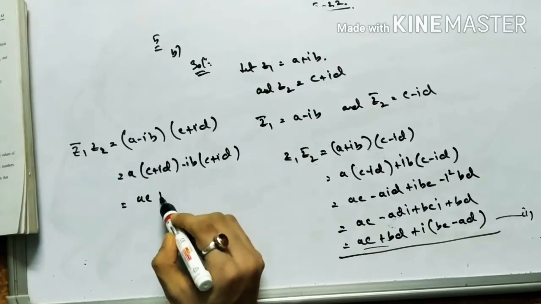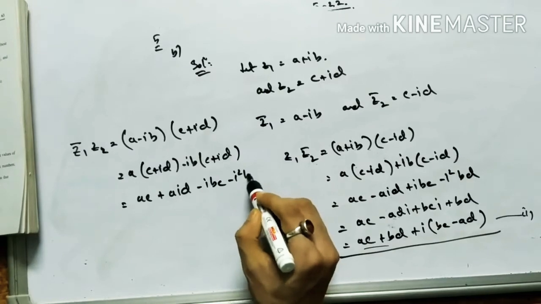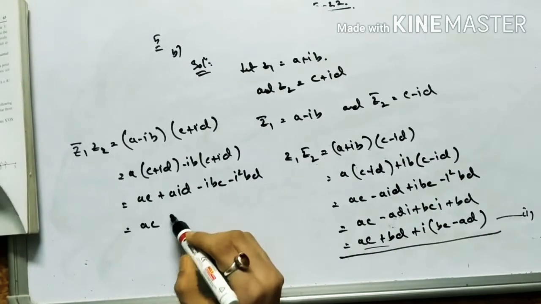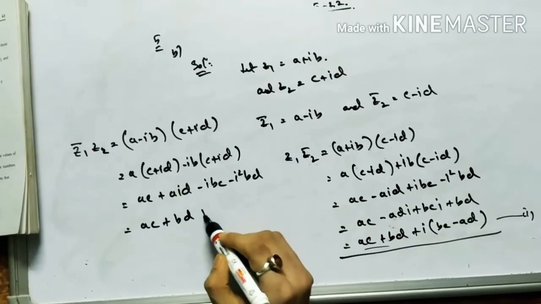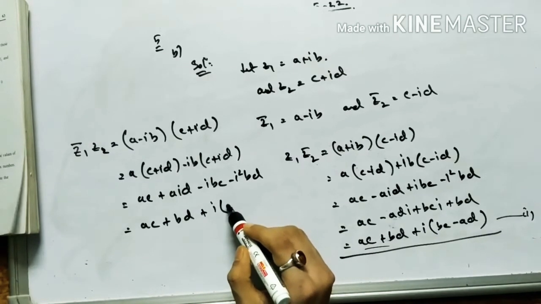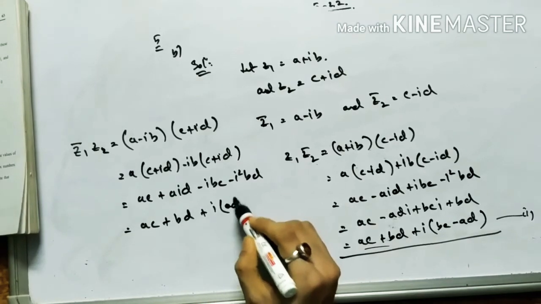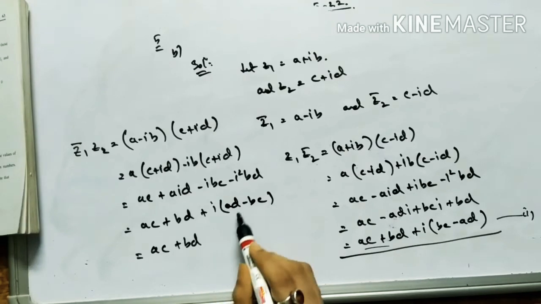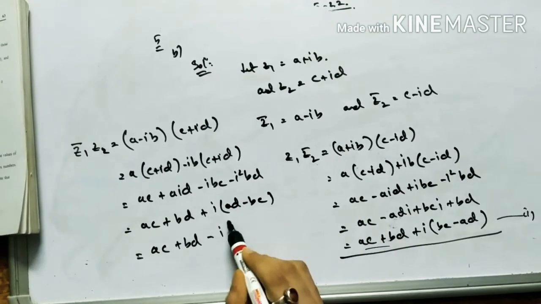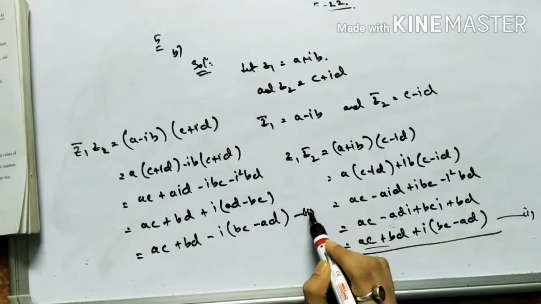So this is ac plus aid minus ibc minus i square bd. This is ac plus bd plus i(ad minus bc). So again ac plus bd, and taking minus common, minus i(bc minus ad), and this is equation 2.